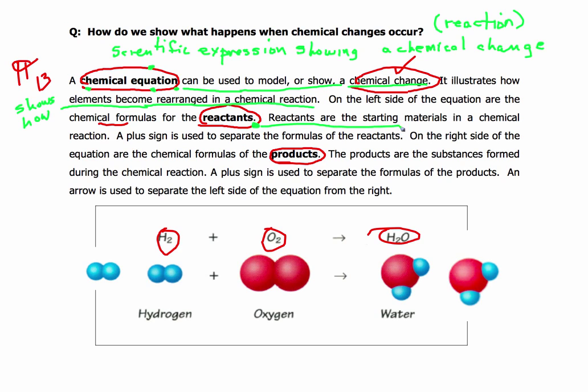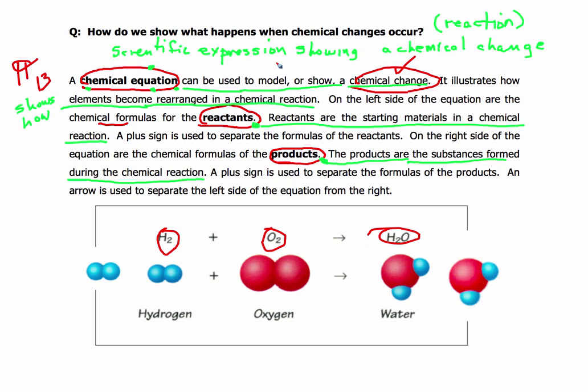Reactants are the starting materials in a chemical reaction. Okay? And then products, what are products? The products are the substances formed during a chemical reaction.